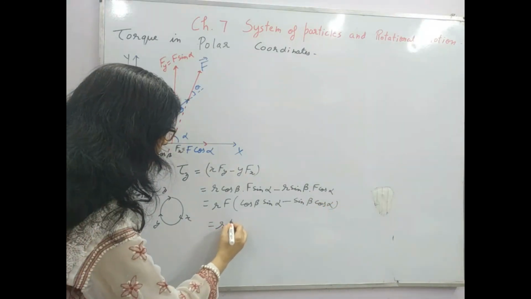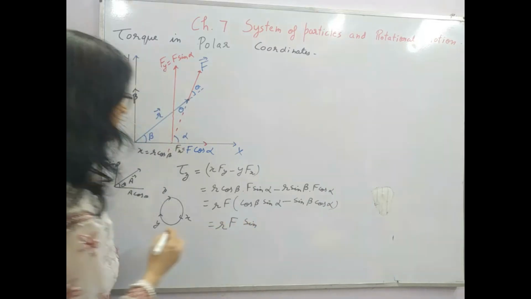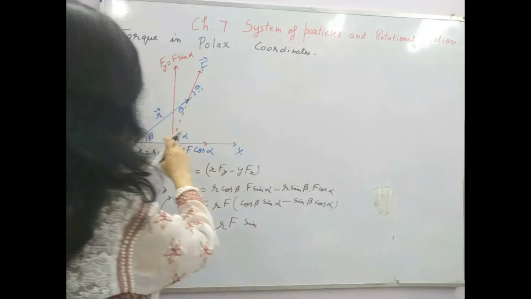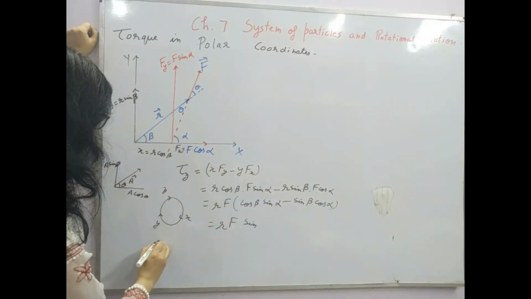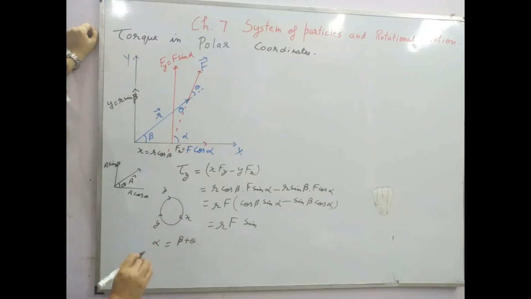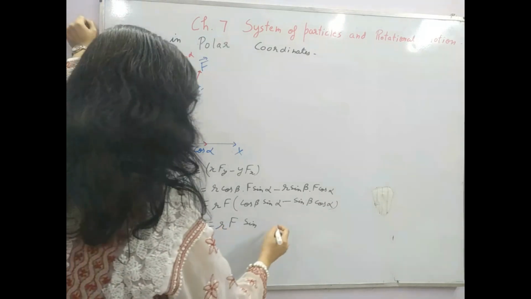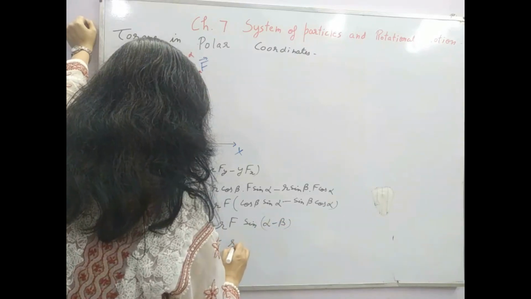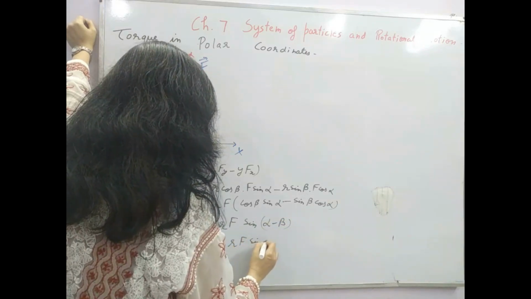This will give me rF sine. Look at this. What is this? This is the exterior angle, alpha is equal to beta plus theta. So this will give me sine of alpha minus beta. So this gives rF sine theta.